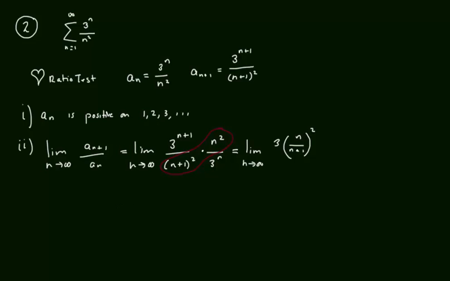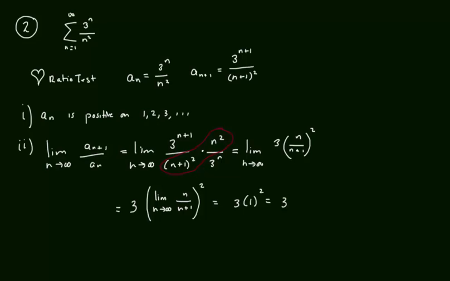Now this is getting a little fancy, but I'm going to put the limit inside, employing a property of limits: 3 times the limit of (n over n plus 1) quantity squared, which will then be 3 times 1 squared, or simply 3.